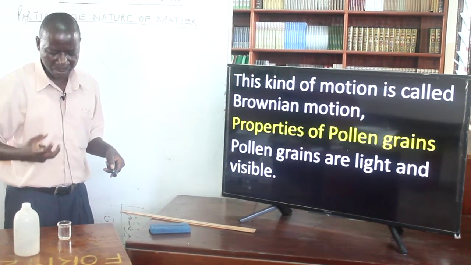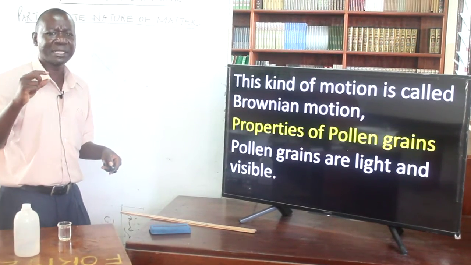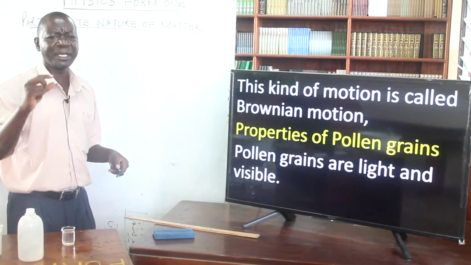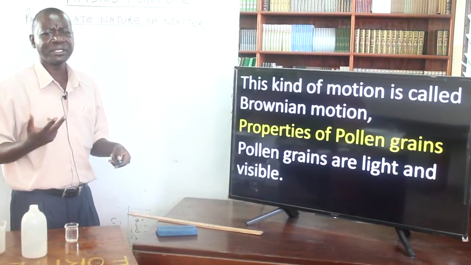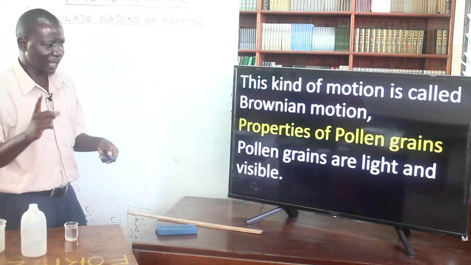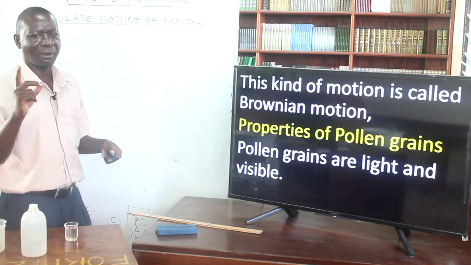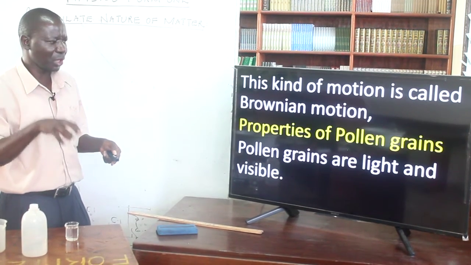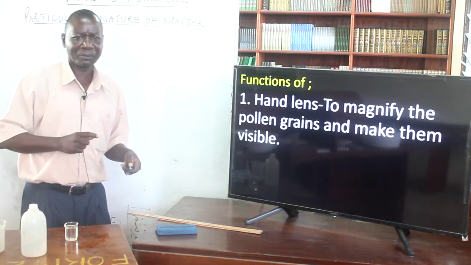First of all, we must be able to see them, and then they must be very tiny. They must be very, very light so that they can be bombarded by the tiny invisible particles. Those are the two properties that we must consider. They must be light, they must be visible.